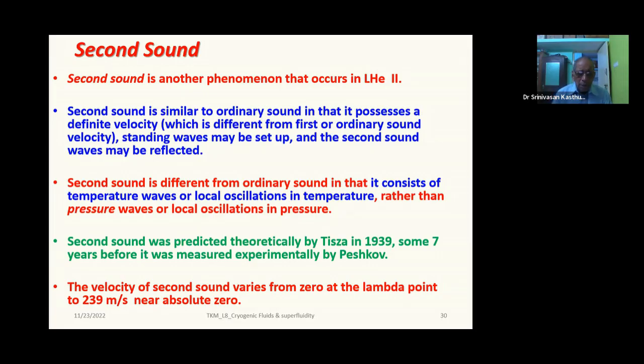The velocity of second sound waves varies from 0 at the lambda point to approximately 239 meters per second at absolute zero. The second sound is a phenomenon relating to helium-2. In other words, the superfluid helium component, actually.